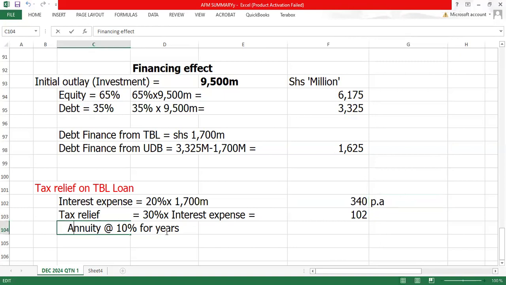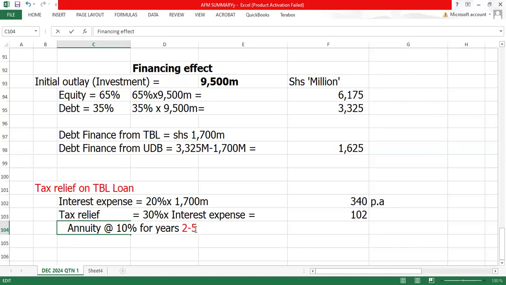So you start from year 2. It will be from year 2 to what? If you are stopping at year 4, it means that you will add another year. I don't know whether you're getting what I'm trying to mean here. Because we are paying tax a year in arrears, that simply means that the one we are supposed to claim in year 1 will be claimed in year 2.